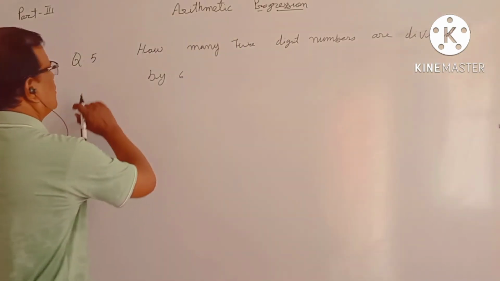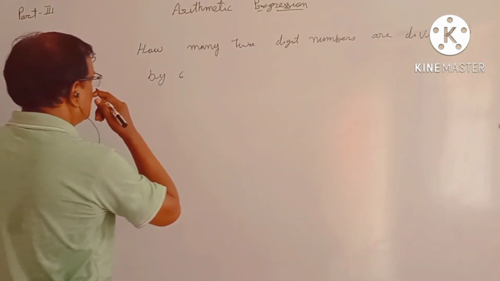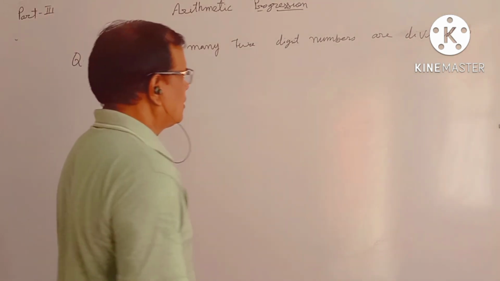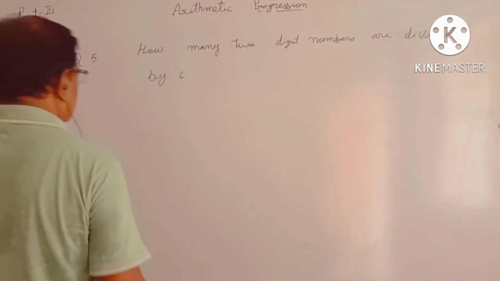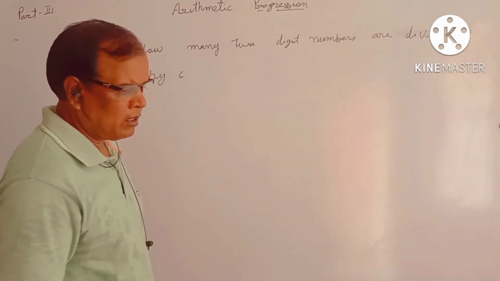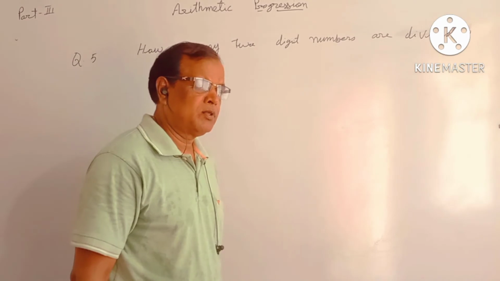Question number five, not six. As it is written here, how many two-digit numbers are divisible by six? So we write the two-digit numbers, and they should be multiples of six.